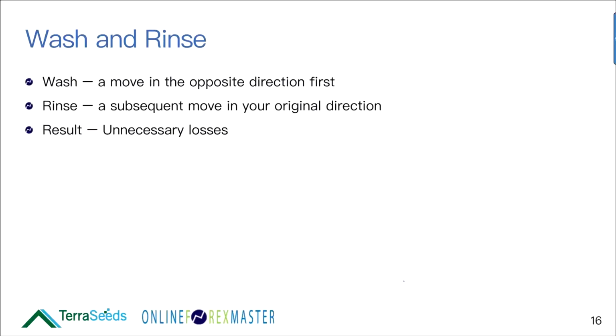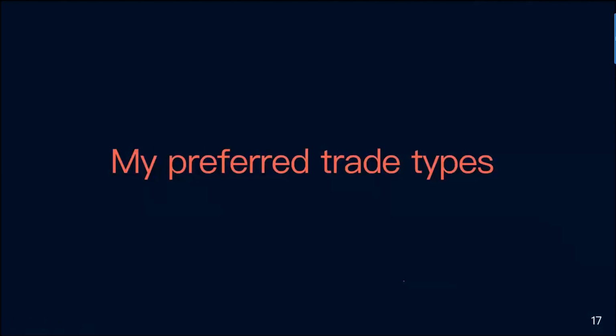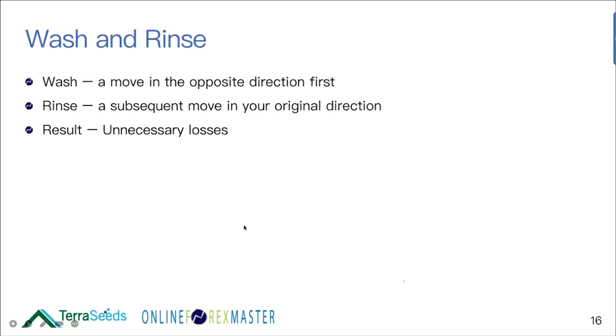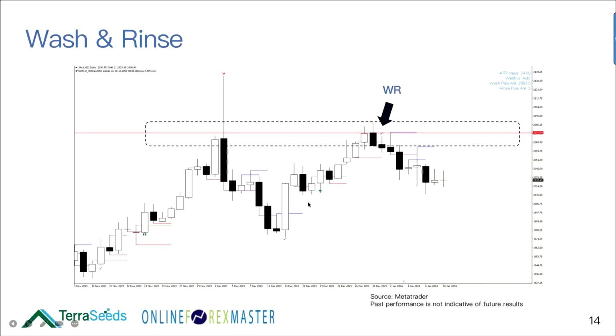Okay, so to sum up, wash is a move in the opposite direction first, and then rinse is a move in the subsequent direction of your original direction. All right, and when this wash and rinse happens, the result is unnecessary loss. Now, the candlesticks that I'm showing here are not the 4-hour time frame.